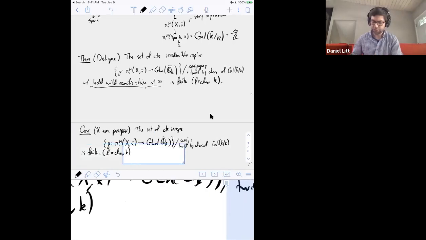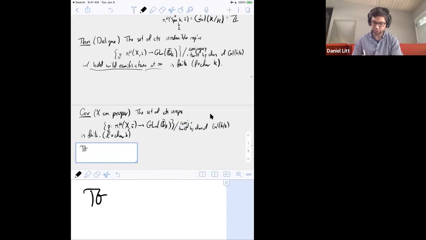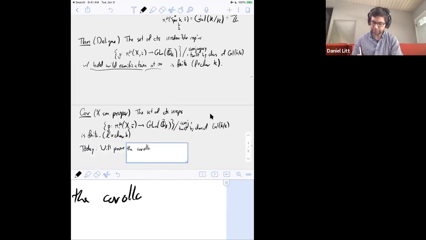All right, so today I'm just going to prove the corollary. And I would say the proof of the corollary captures about half of the main ideas in this paper of Esnault and Kerz and in Deligne's original proof.